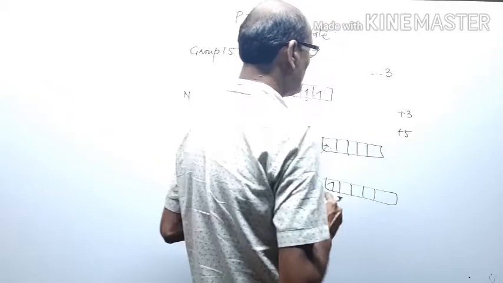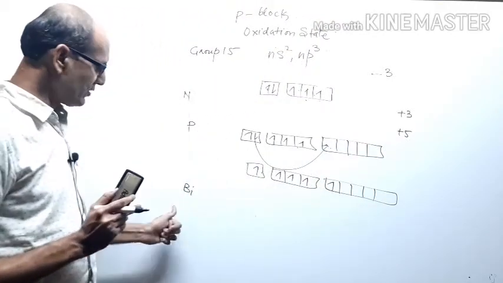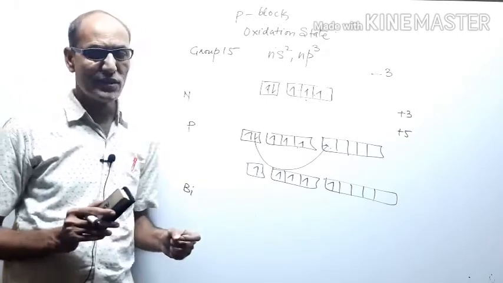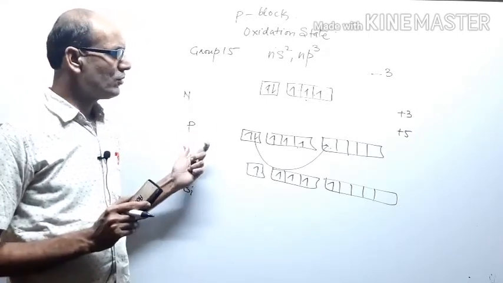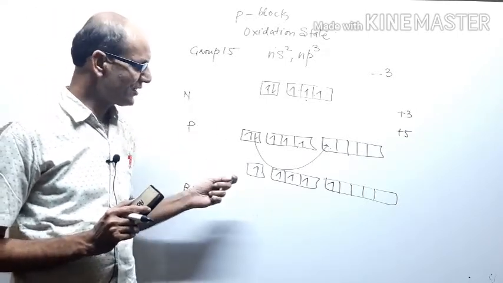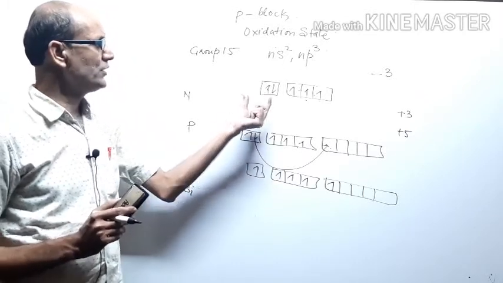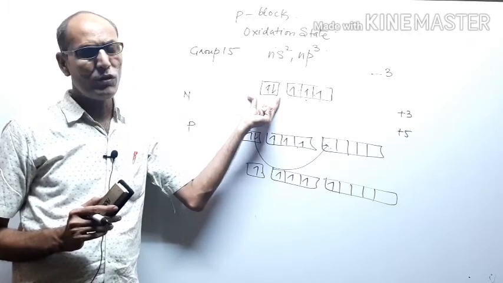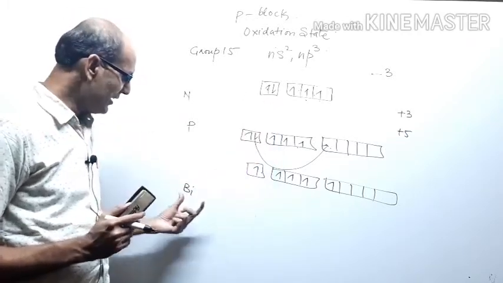Means when we go from nitrogen to bismuth, they can show -3 to +3 oxidation states, or they can show the +5 oxidation state.